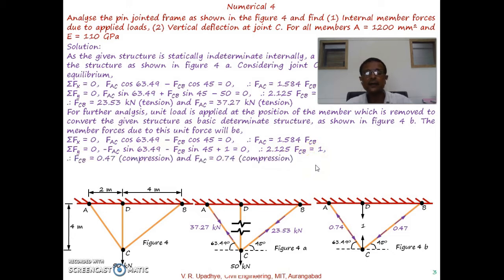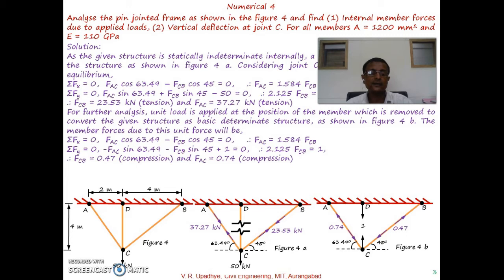Now with this we can calculate FCB is 0.47, and that gives us it is a compression 0.47, and similarly FAC is internal member force due to unit load applied at CD. So that is 0.74 compression. So this gives us internal member forces due to unit load applied at the member which was removed to convert the given structure into a basic determinate structure.